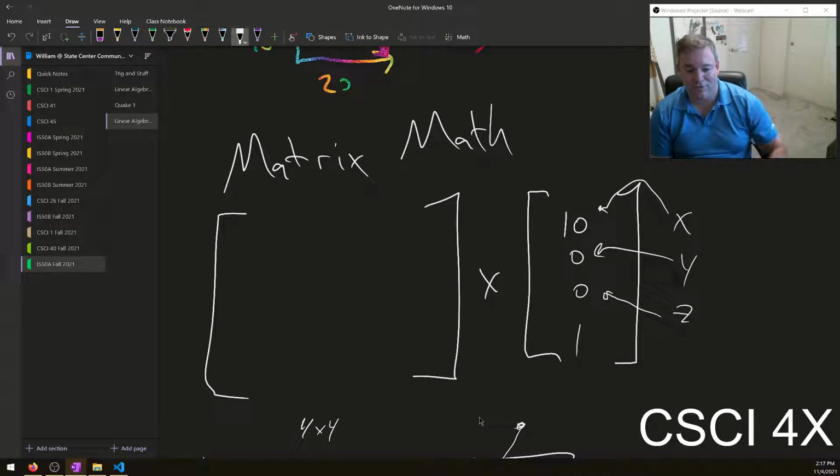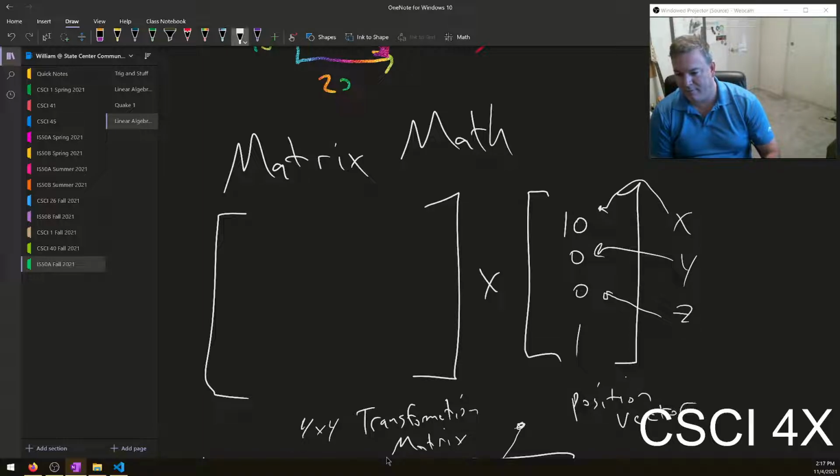It's called a transformation matrix. And then this is like a position vector. So the first value in the position vector is your x location, your y location, your z location, and the fourth one is just always 1. And that's because it's going to make this thing work, and you'll see why in a second.